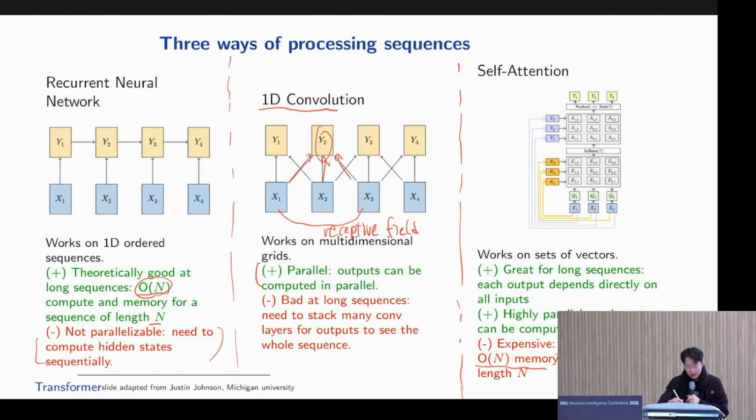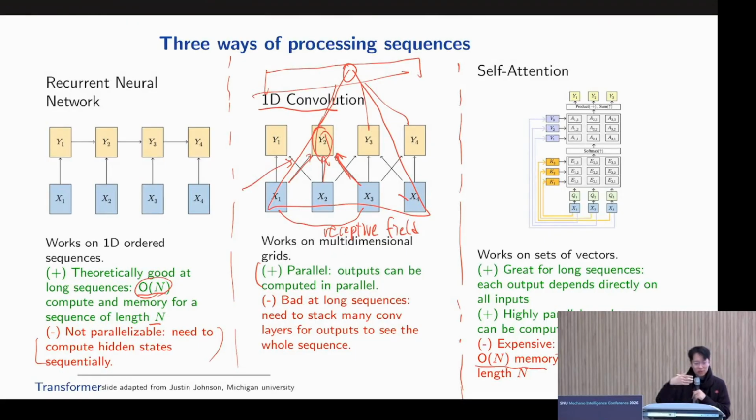But in order for some output to have other tokens in its field of view, we need to stack this depth-wise, so that if this one looks at 3, here it has a larger field of view. So when you want to produce really long outputs that need to attend to really long context, you need to stack this really, really deep.